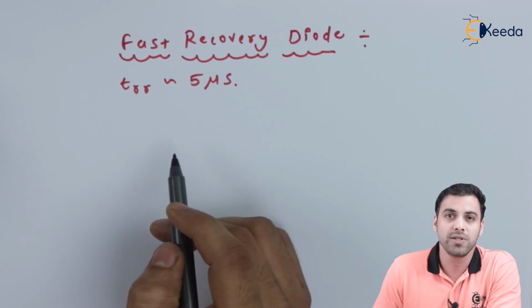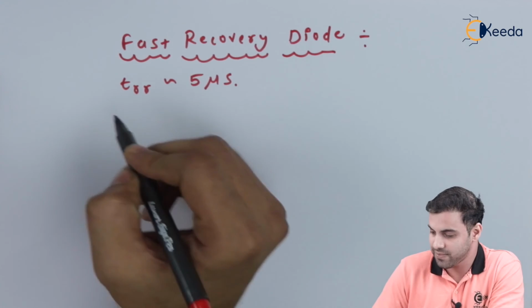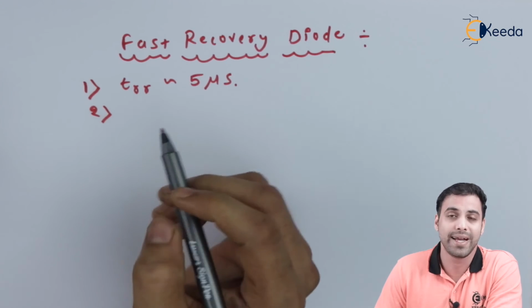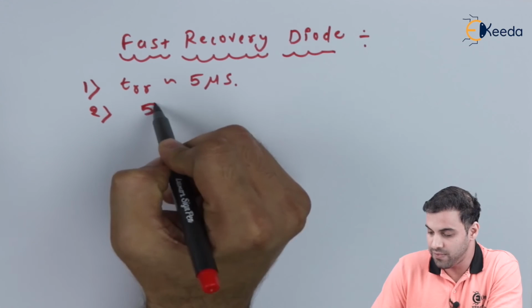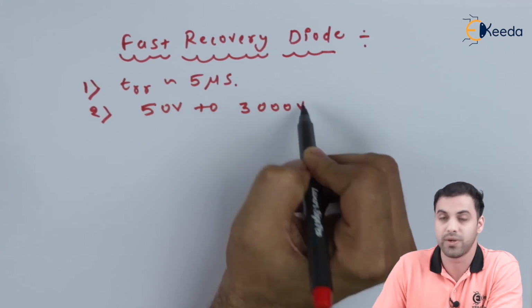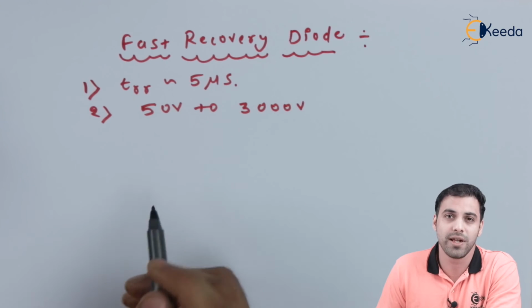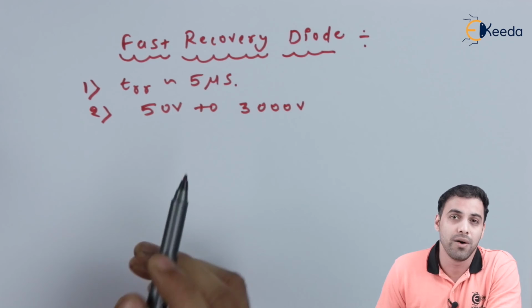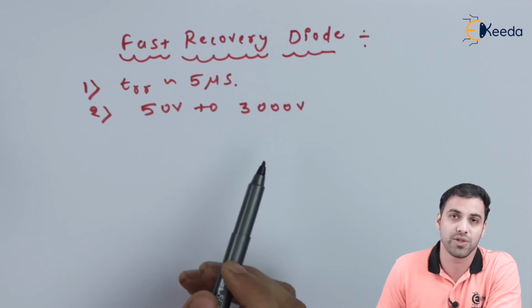So let's talk about some other criteria of a fast recovery diode. Let's say this is number one. Number two, it can withstand a voltage level from 50 volt to 3000 volt, which is very less compared to the general purpose diode, because general purpose diode can withstand a voltage range of 50 volt to 5000 volt.